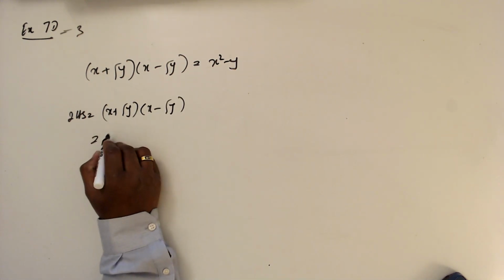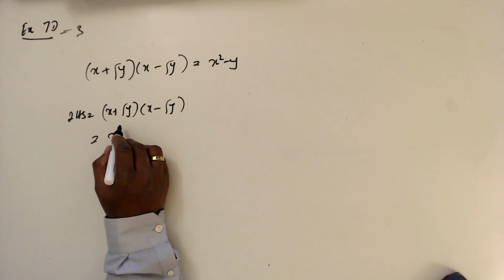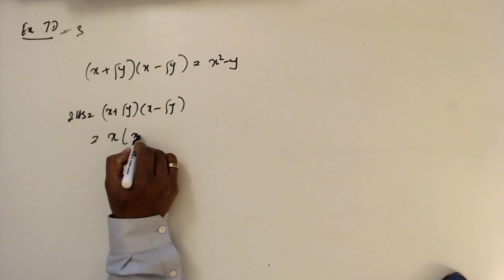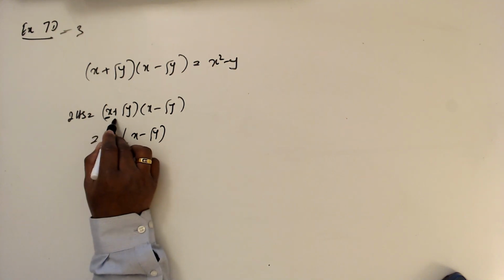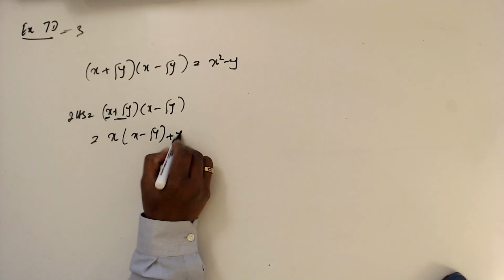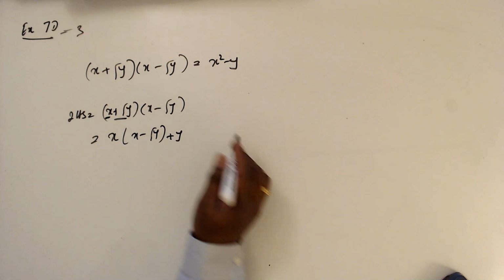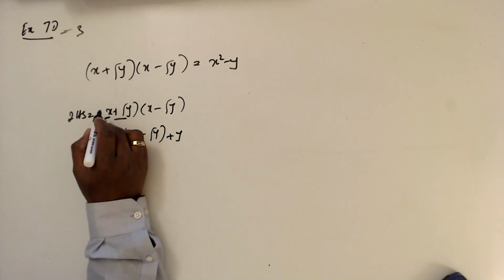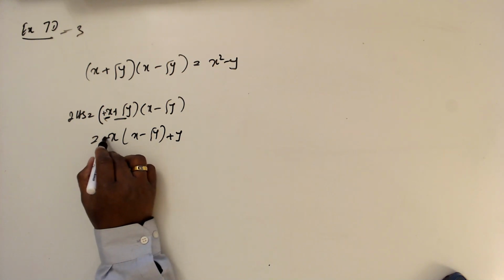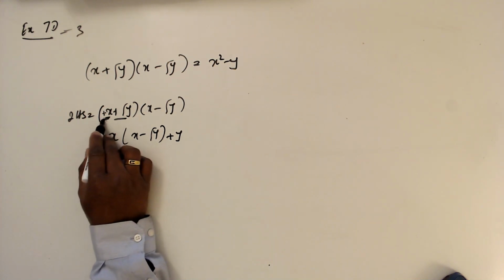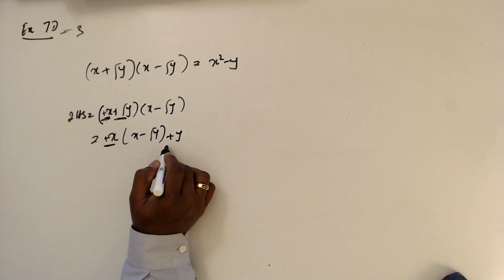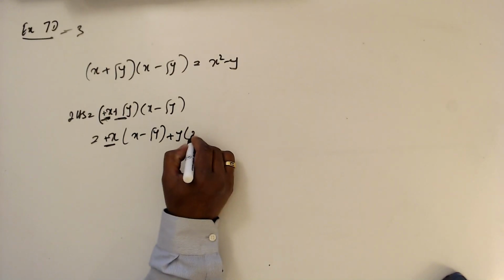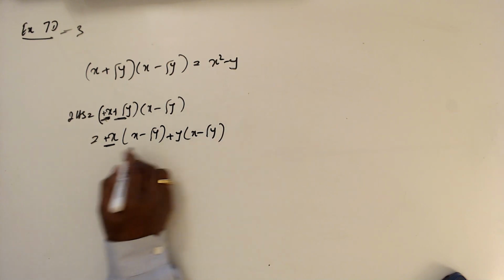Then you can write x times x minus square root y, plus square root y times x minus square root y.